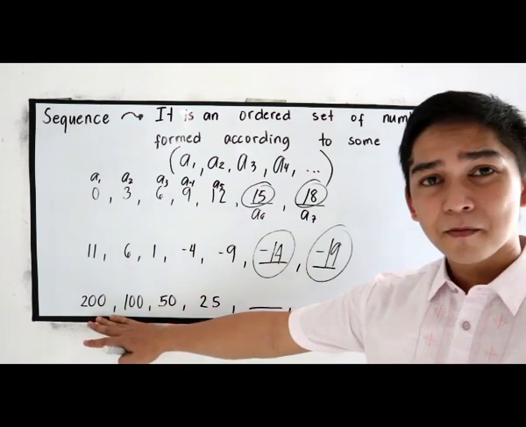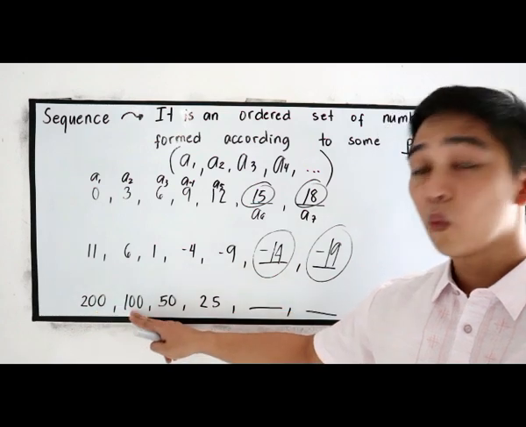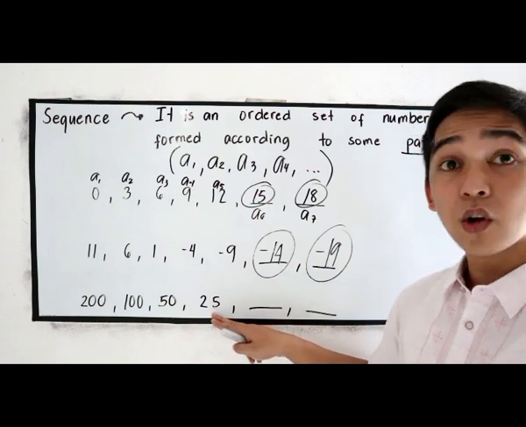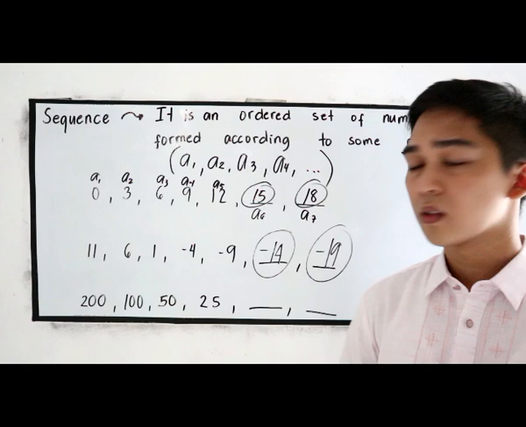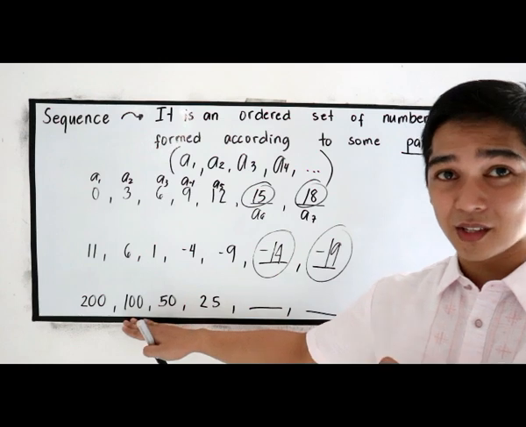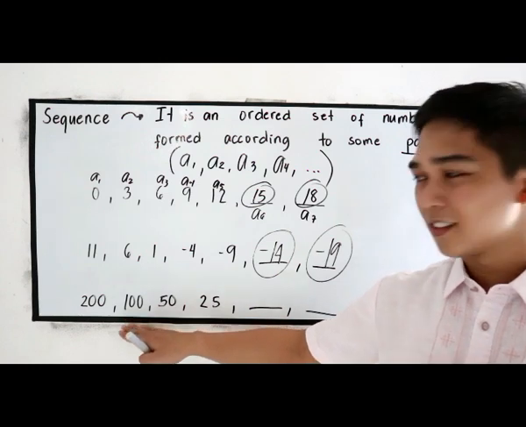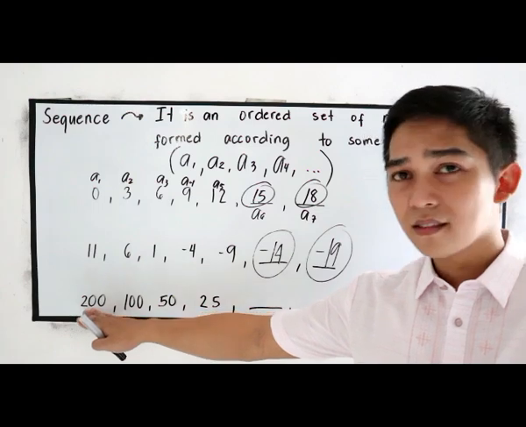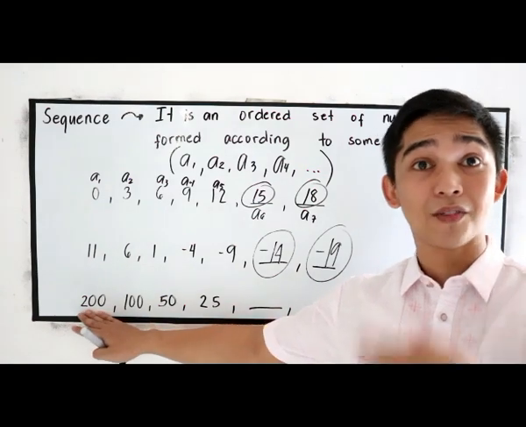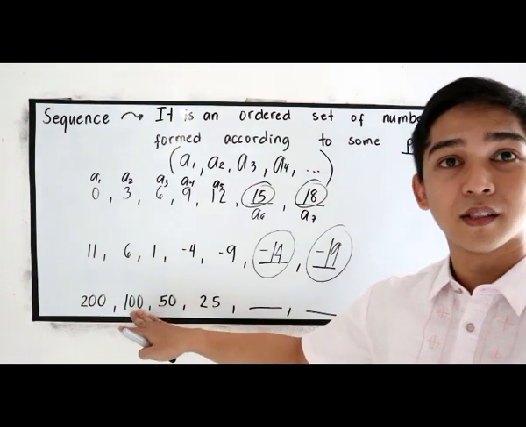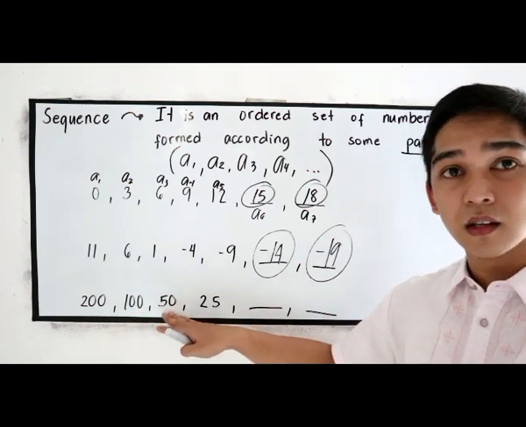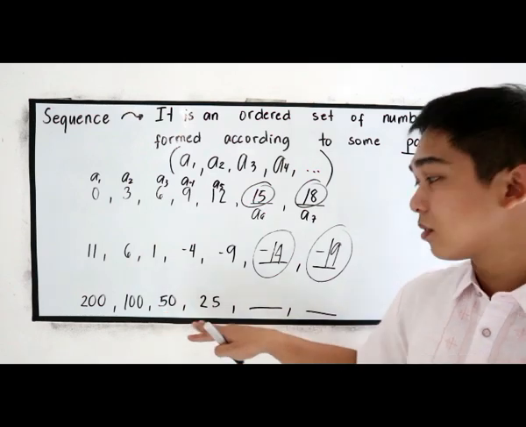Next pattern is 200, 100, 50, 25. We're going to find the next 2 terms. So what rule did we use in our pattern? 200, if we divide by 2, will give us 100. 100, if we divide by 2, will give us 50. 50 divided by 2, 25.